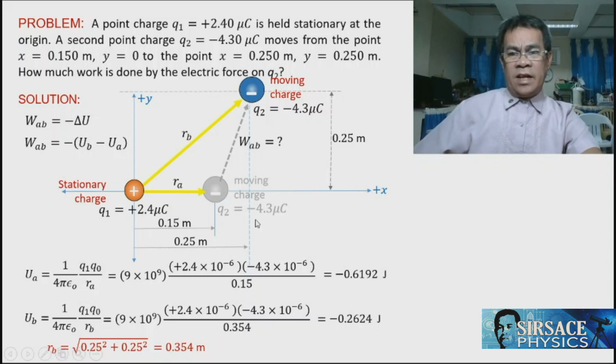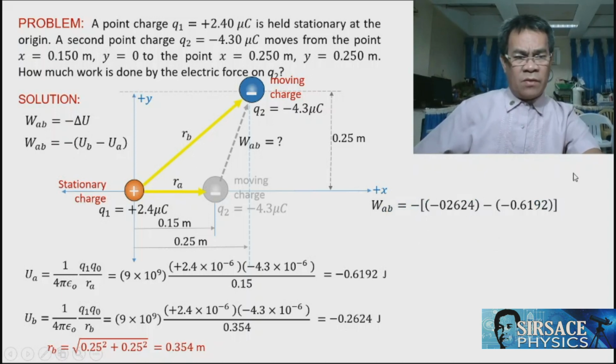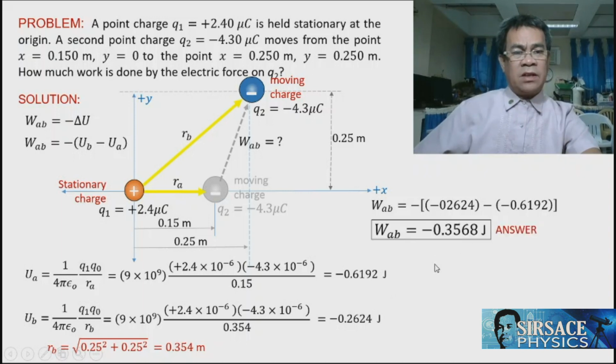So next, we have this value already, so substitute it here. Take note of the negative. The change is final minus initial, UB minus UA. So negative 0.2624, then minus because of this minus. Then calculate. The answer is negative 0.3568 joules. This is the answer to the problem.